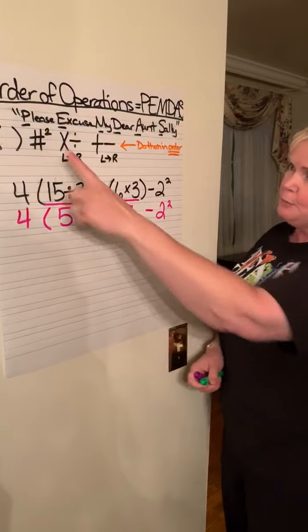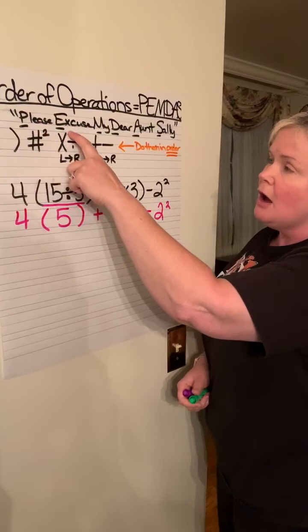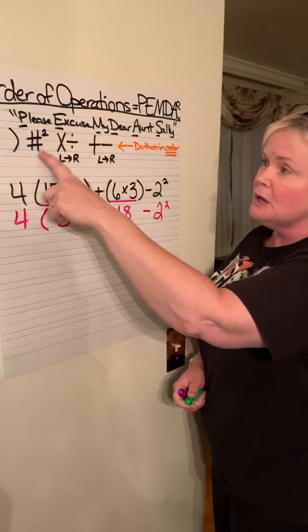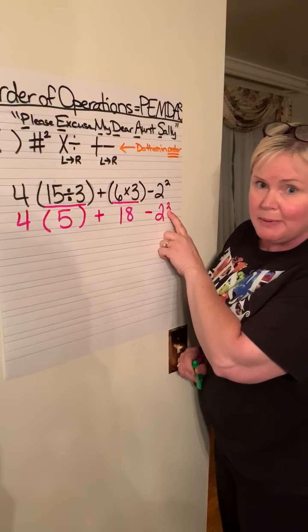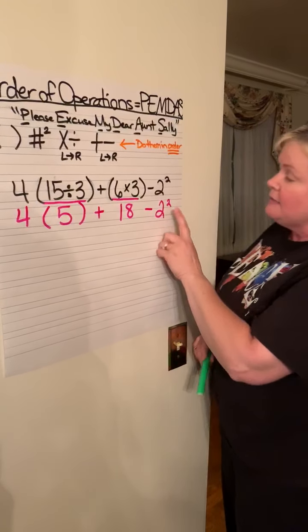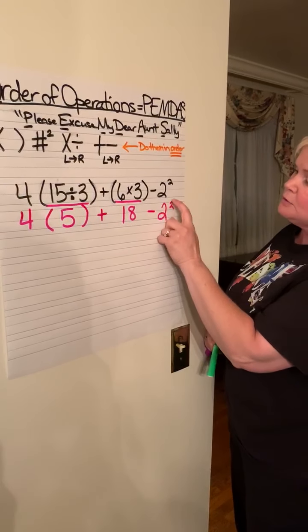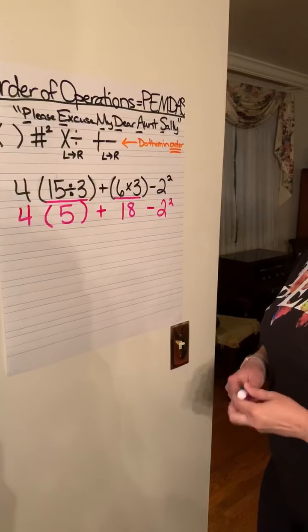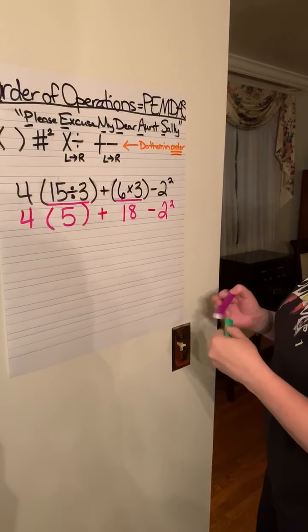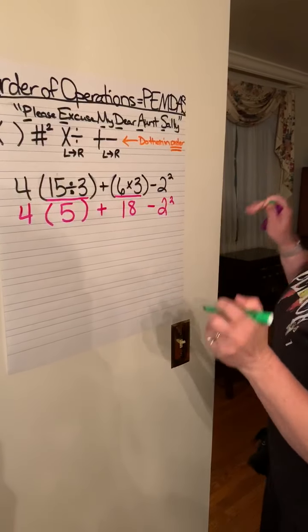So, after please, which is parentheses, our next word is excuse, which is exponents. Exponents are the tiny little number up in the air, okay? This does not mean 2 times this 2, okay? Now, when we work it out, you're going to say, that's not what you just said. But just bear with me.